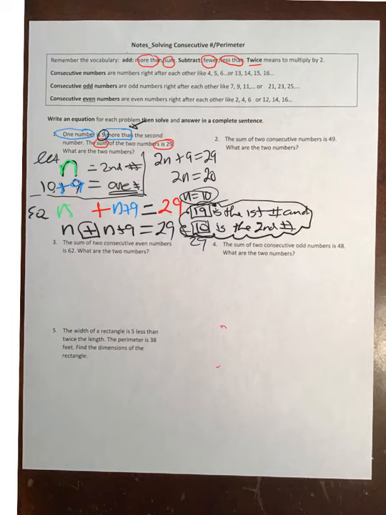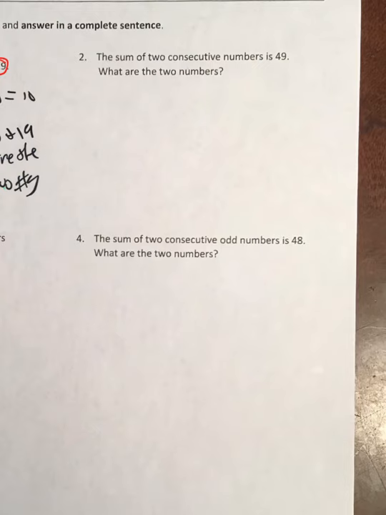Okay, now let's look at number 2. It says the sum of two consecutive numbers is 49. Once again we have the word sum, which means we're going to add up two numbers, and these are called consecutive numbers. First, let's talk about the word consecutive.